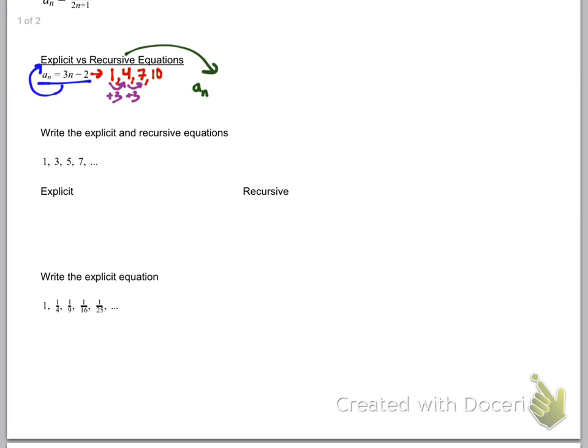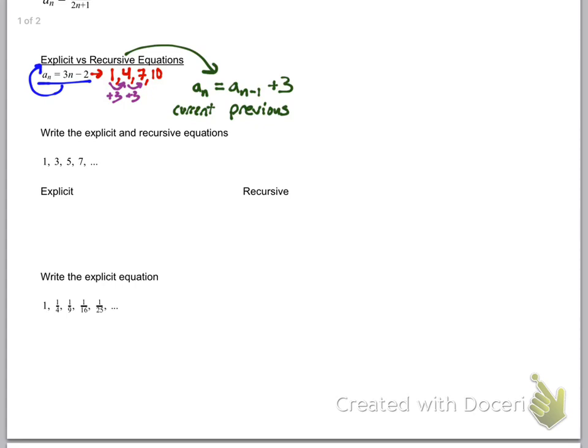One way to write a recursive equation is to say a sub n, that's the current term, equals a sub n minus 1, that's the previous term. And if you want to check that out, you just plug in a number like 5. N minus 1 is 4, so if we're looking for a sub 5, we're going to use a sub 4 there. And then plus 3.